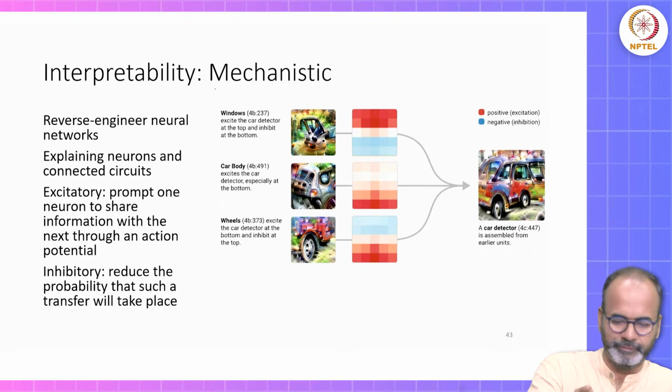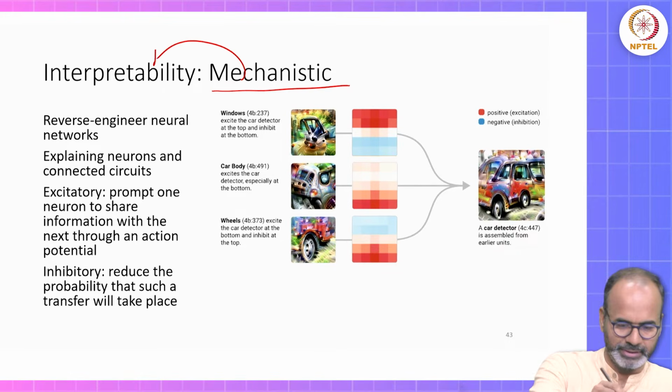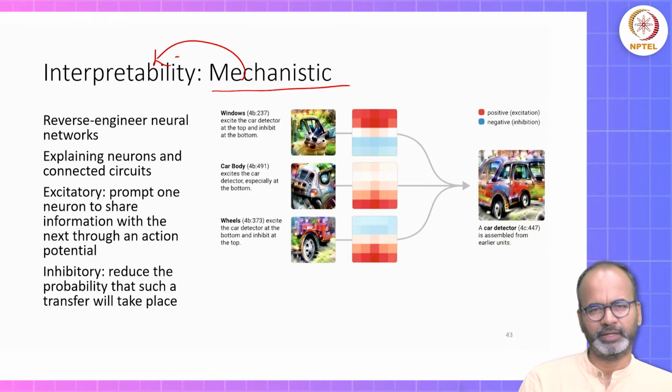This topic of MechInterp, called mechanistic interpretability, has become very popular very recently for understanding what parts of the images are helping to make a decision, and what parts of the image are helping in classifying the images and things like that. Right.